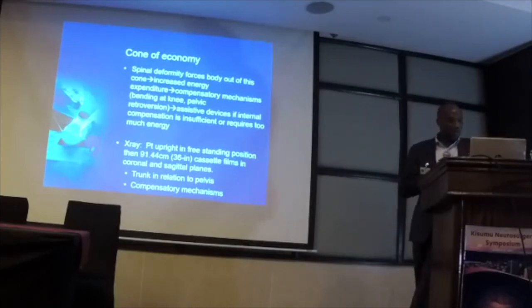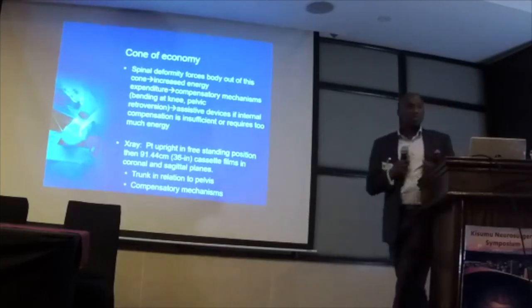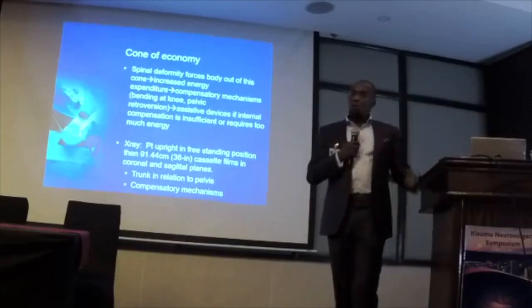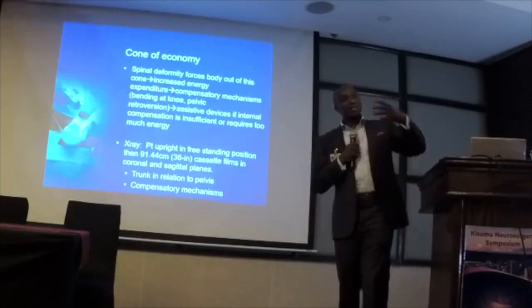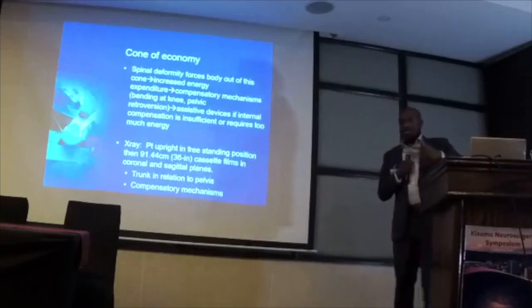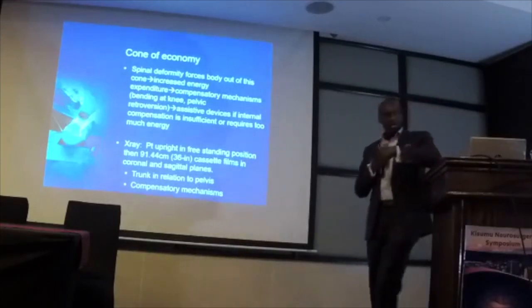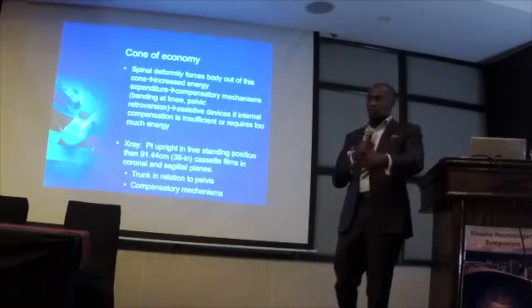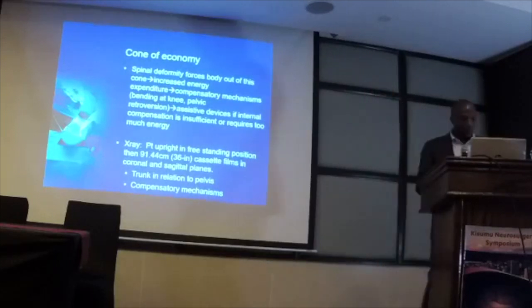Then assistive devices are also used if that internal compensation is insufficient or requires too much energy. That's where you start seeing people using walkers or a cane because they cannot maintain that sagittal balance. They cannot maintain that posture without significant energy expenditure.